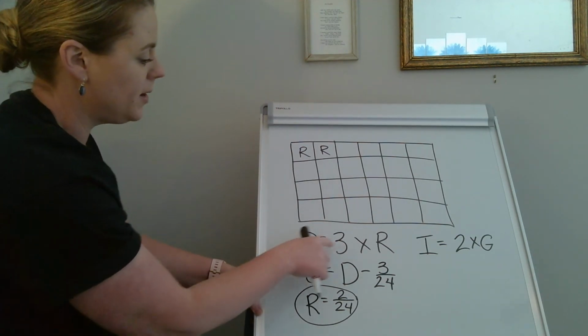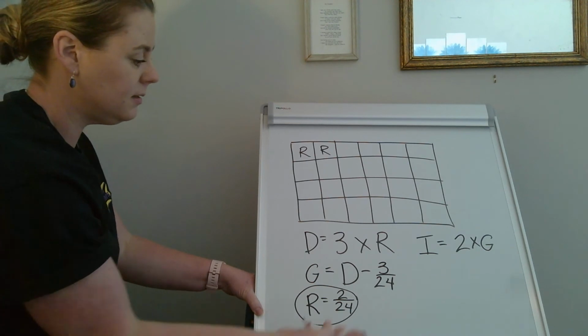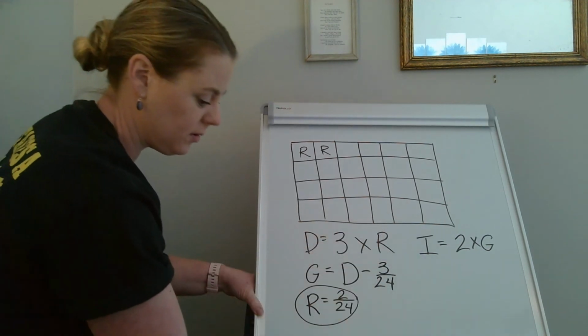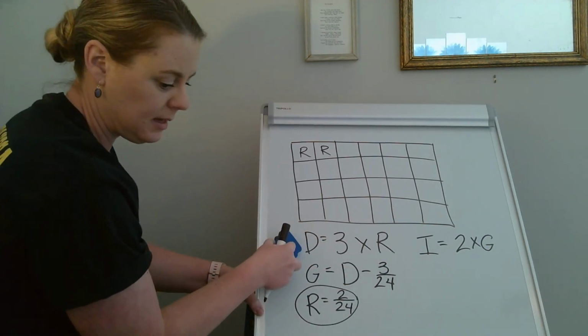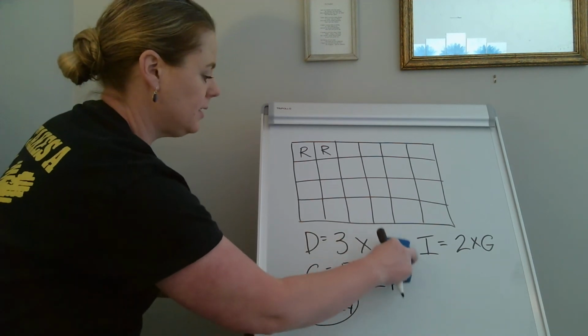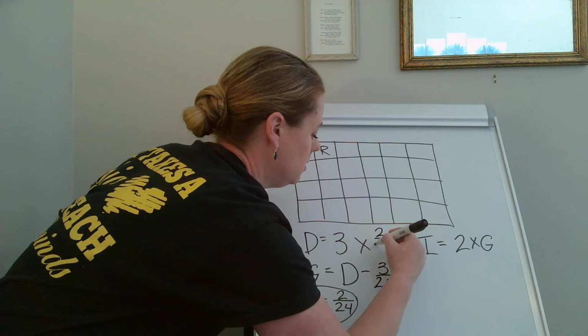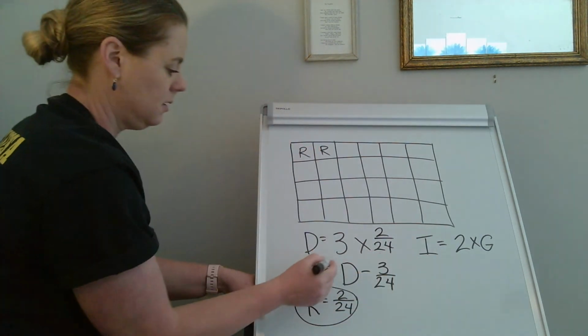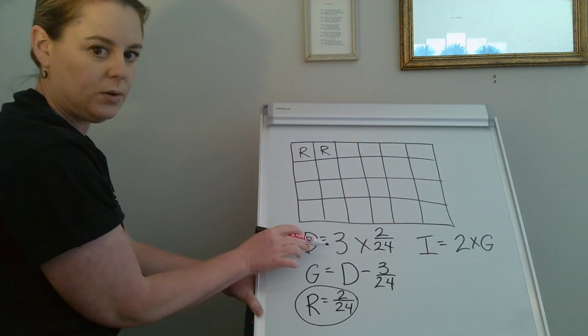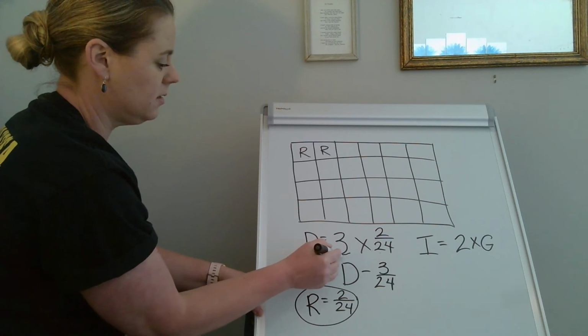Now we're going to go back in, and where the R is, we can plug in 2 24ths. So Dan is 3 times 2 24ths.